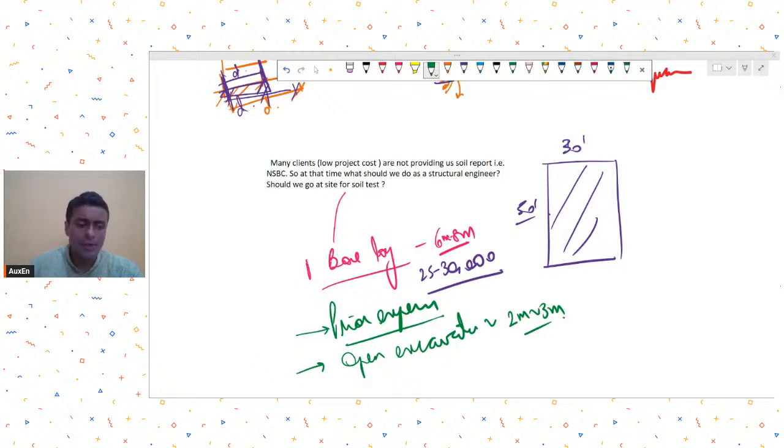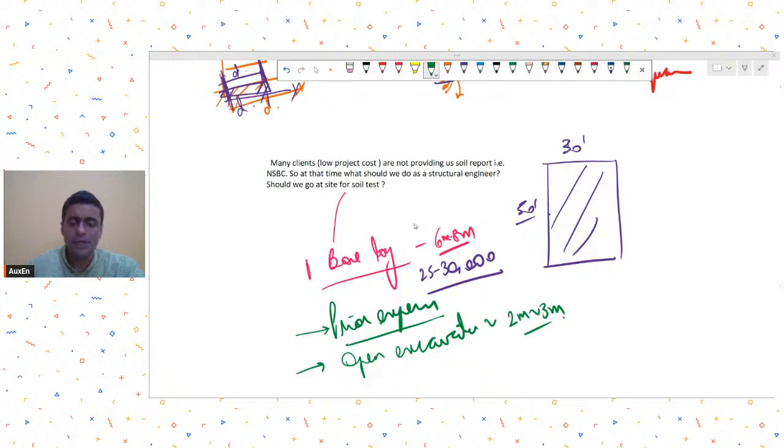Maybe you can collect disturbed samples and then do some testing, which will cost you less than undisturbed sample collection from site. So you can do this open type of excavation and then take a judgment, or take that disturbed sample and get it tested.